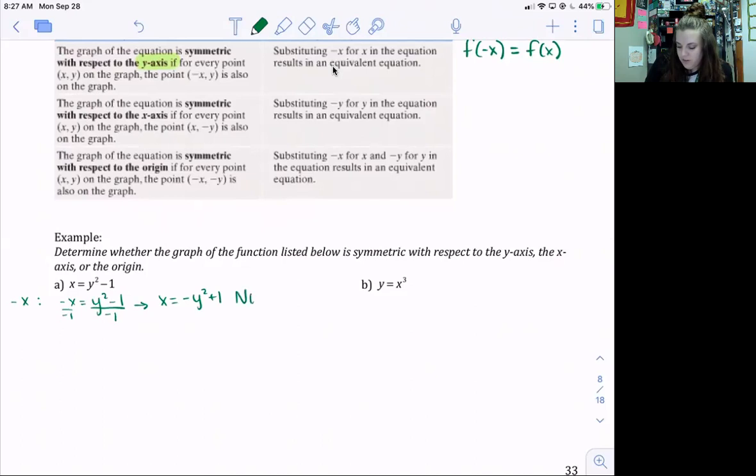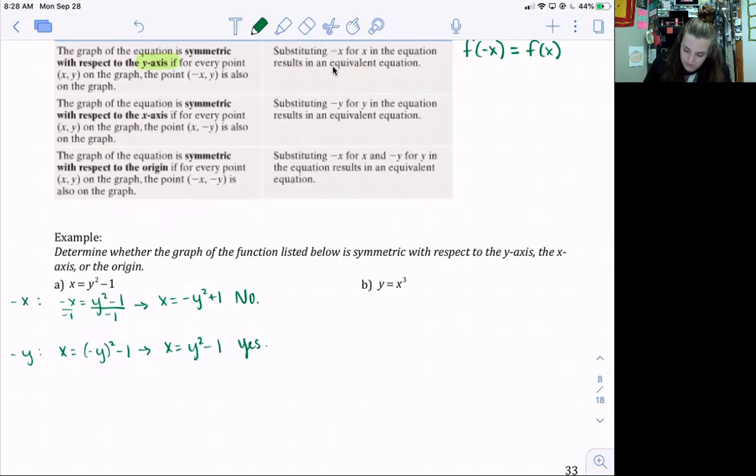So our answer here is no. It's not symmetric across the y-axis. If we do negative y, so x equals negative y squared minus 1. Well, negative y squared is a positive, so that is our original, so this is yes.